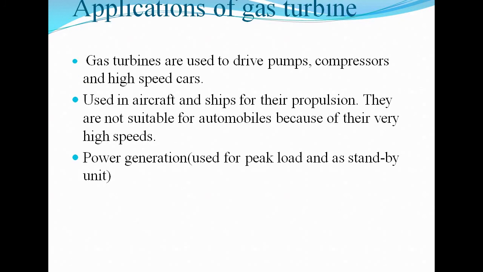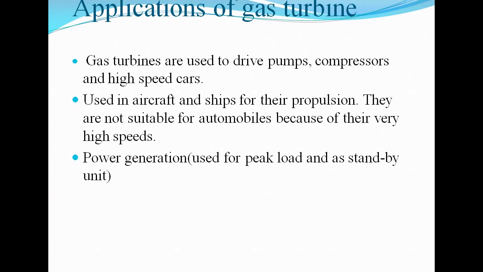The next is the application of gas turbines. Gas turbines are used to drive pumps, large pumps, compressors and high speed cars. Gas turbines are used in aircraft and ships for their propulsion. They are not suitable for automobiles because of their very high speed.